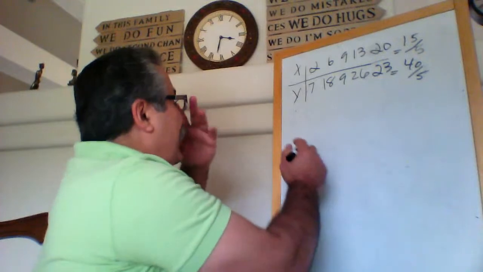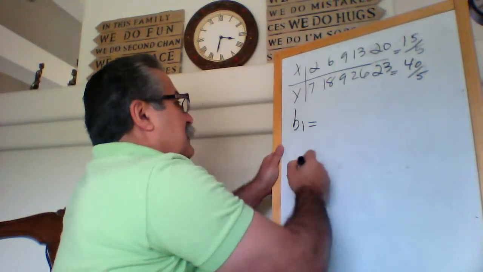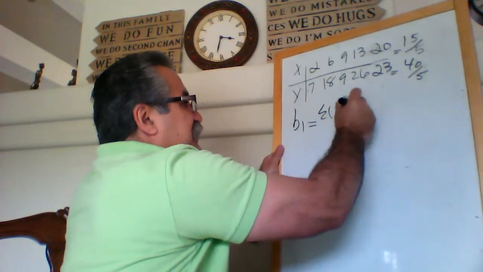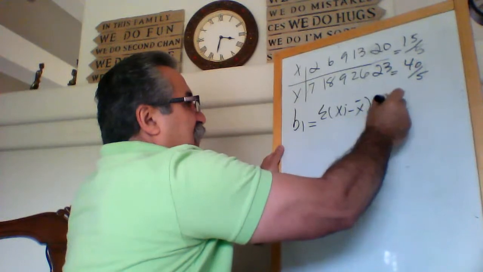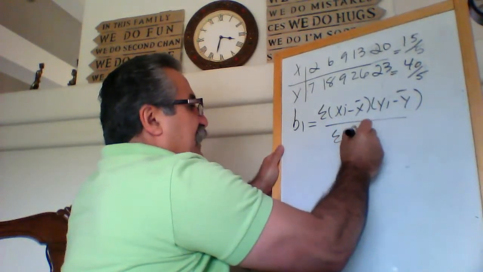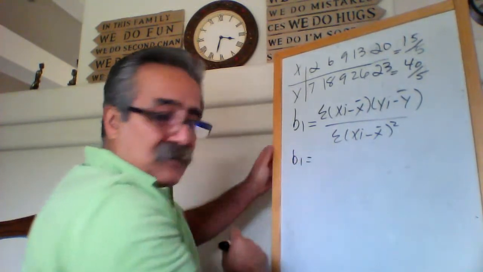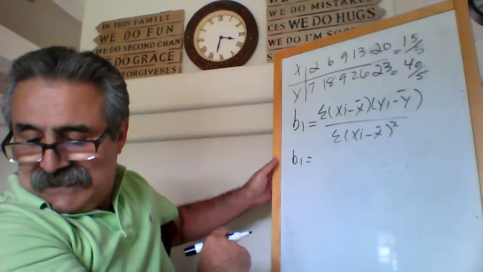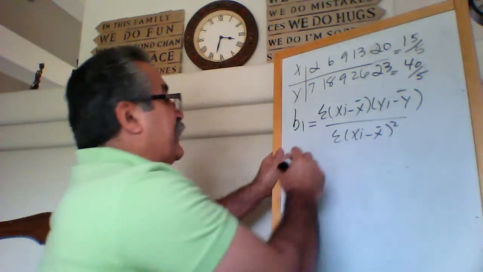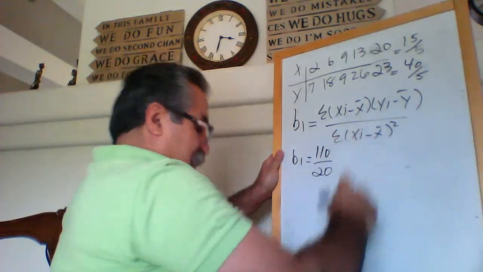So B1 is going to be equal to the sigma of xi minus x bar times yi minus y bar, divided by sigma of xi minus x bar squared. So B1 is equal to 110 divided by 20.